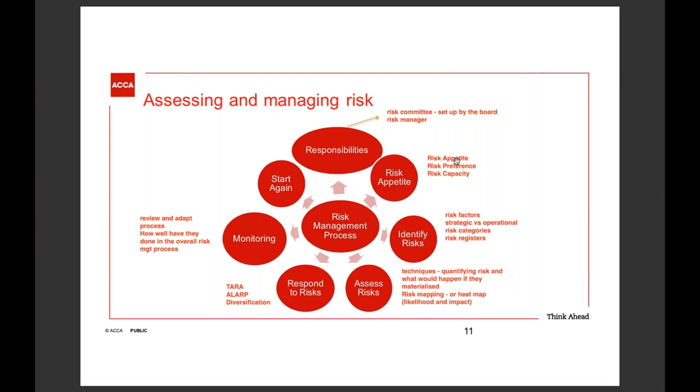You are prepared to lose 100,000, but the capacity is that you are not able to afford to lose that 100,000. Even losing 50,000, you already suffer. So the capacity is what you are able to bear. Remember this one: appetite is prepared to bear. Preference is whether you are averse, a risk taker, or a risk seeker.